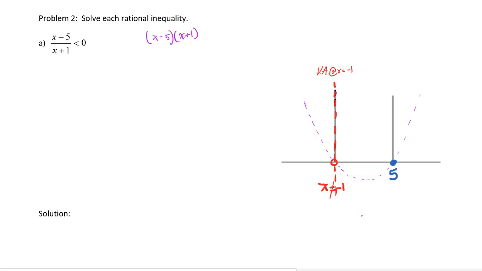So our rational function will be positive on the interval from -infinity to -1, not including -1, and from 5 to infinity. It will be negative on the interval from -1 to 5. Since this is less than and not less than or equal to, the interval for which the rational function is less than 0 is from -1 to 5.